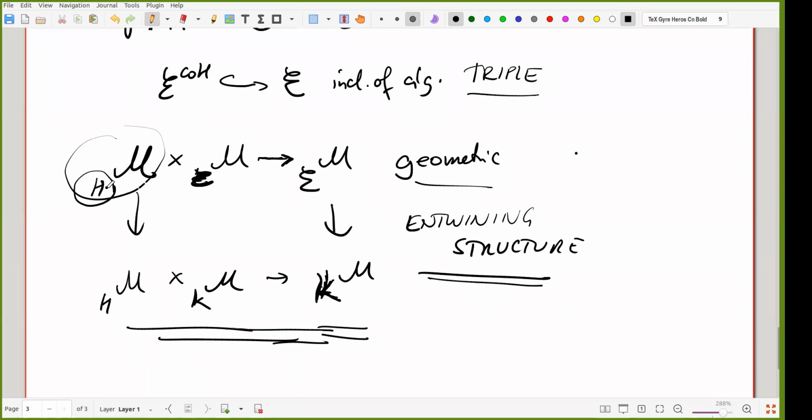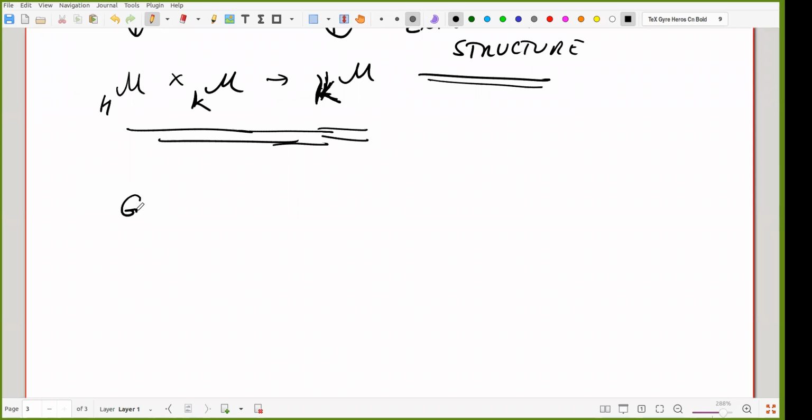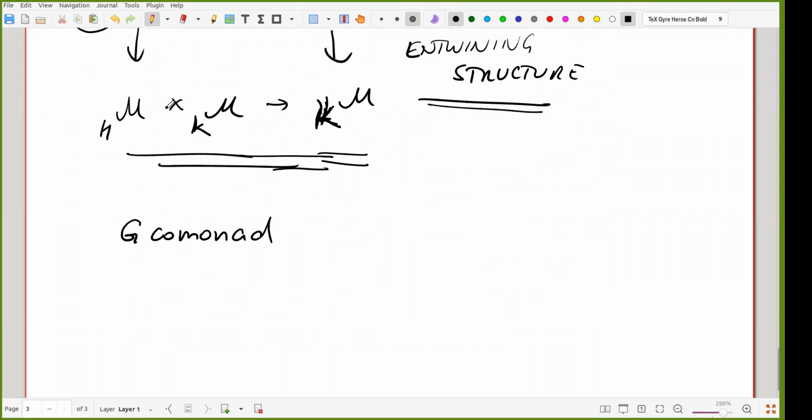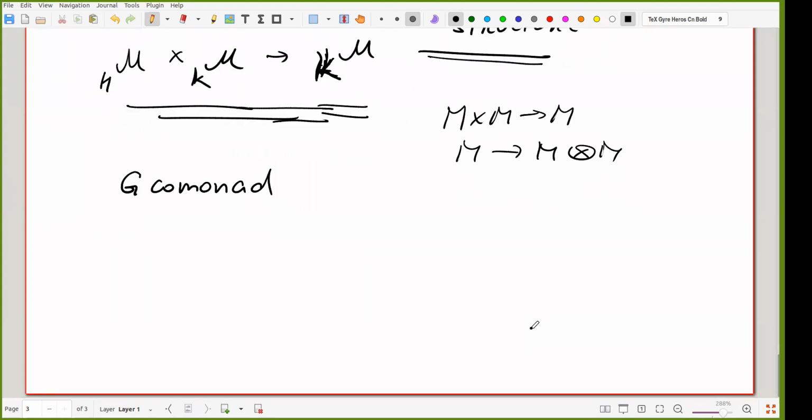Then a comonoid in a monoidal category will give a comonad. And this is the most often situation, that you have a comonad, that's a comonoid with respect to this tensor product. It's like usual monoids, you have a monoid M cross M into M map. Now a comonoid would be M into M tensor M, with some associativity and so on. So you do the same in the category of endofunctors, the monoidal category of endofunctors.